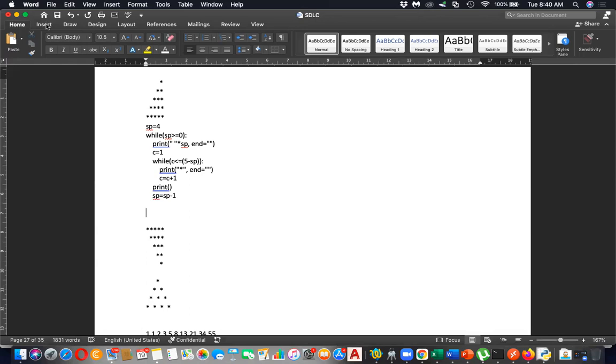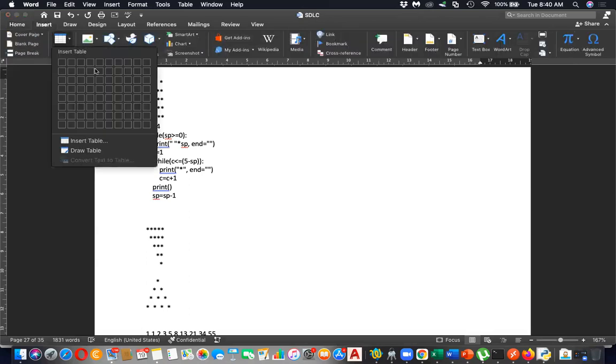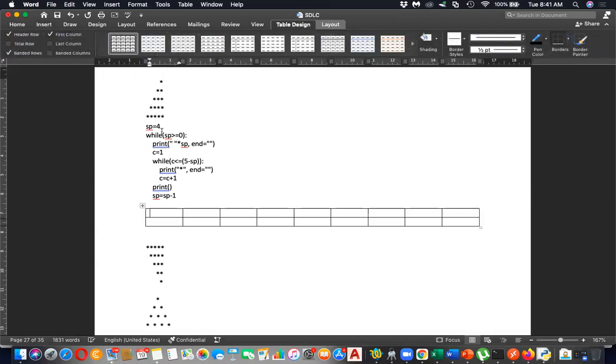Then I'm going to write a table with these variables. First time SP. The second time SP less than or equal to 0. Third time, sorry, asterisk. Number of spaces.